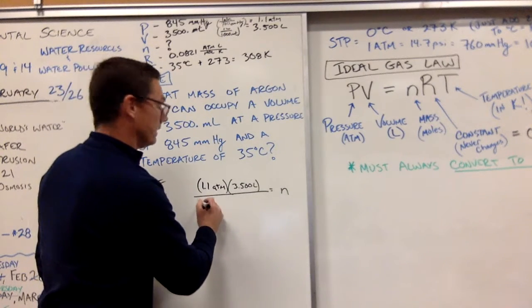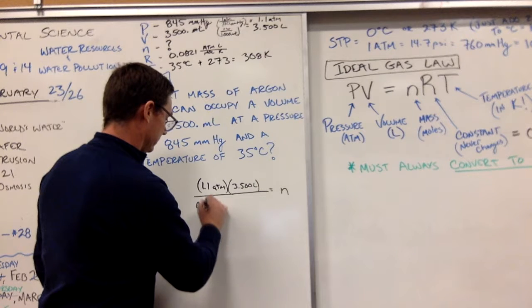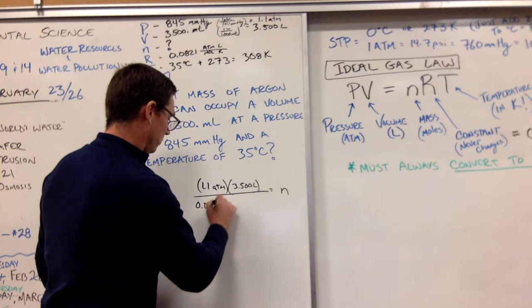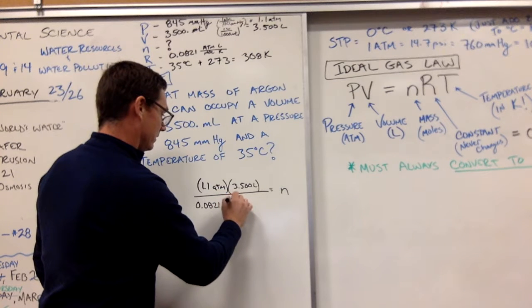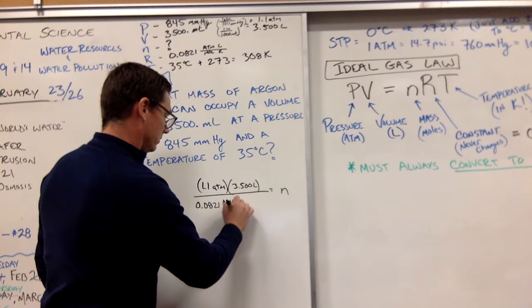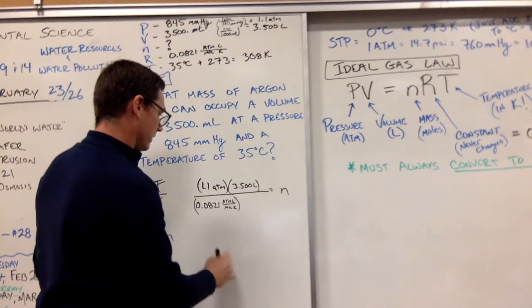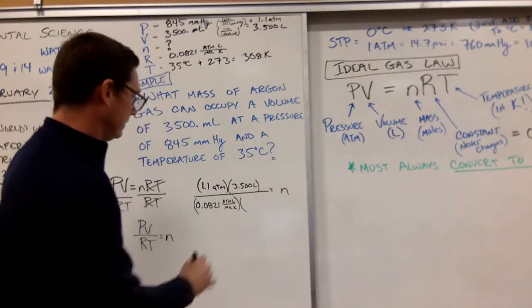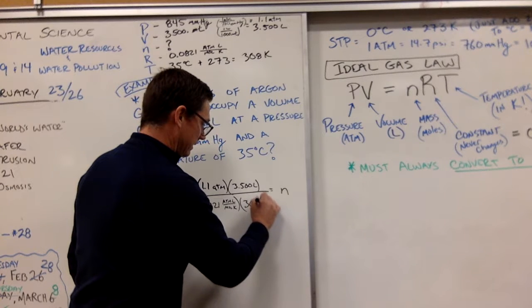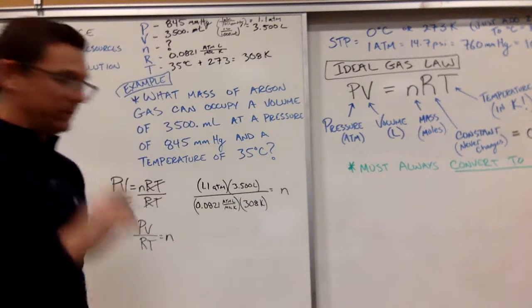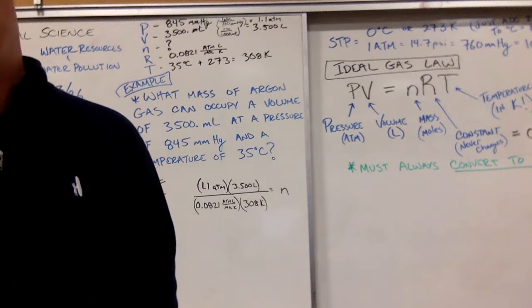We know that R is 0.0821. That's atmosphere liters over mole Kelvin. All right, and then T is 308 K. All right. Well, there we go. Now we've set it up into the equation.